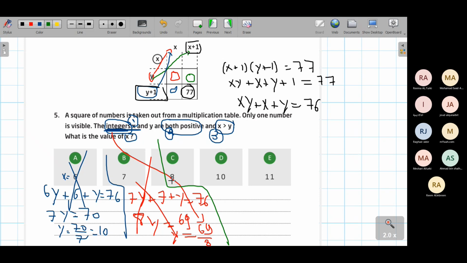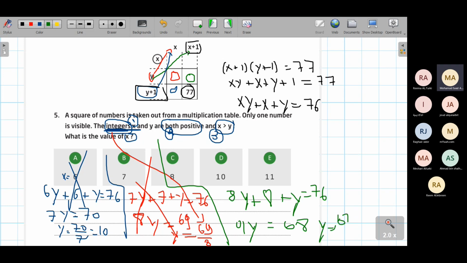Number 8: 8y plus 8 plus y equals 76. So 9y equals 68 and y equals 68 over 9, which is also not our right answer, because 68 over 9 is not an integer number.